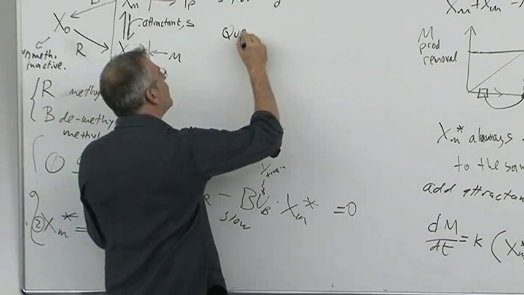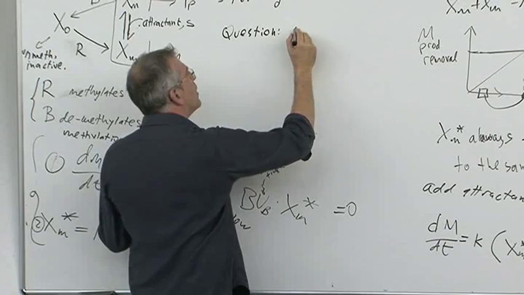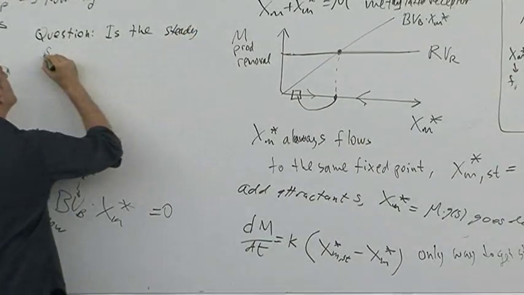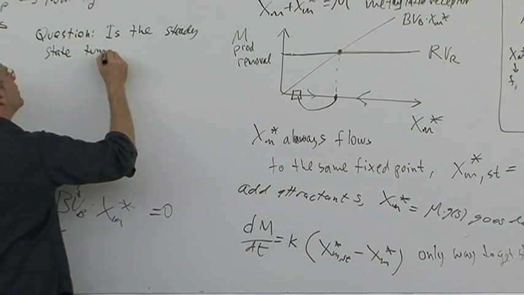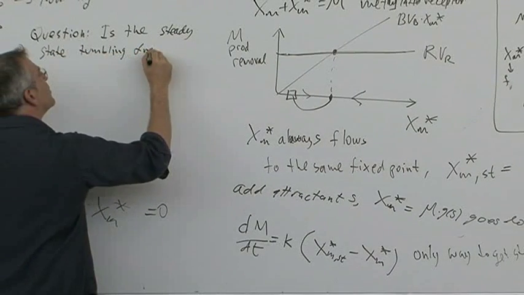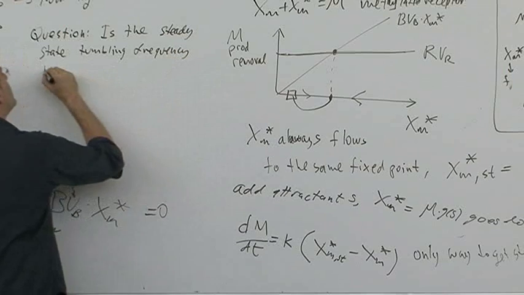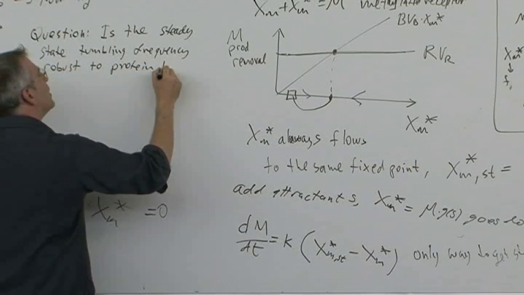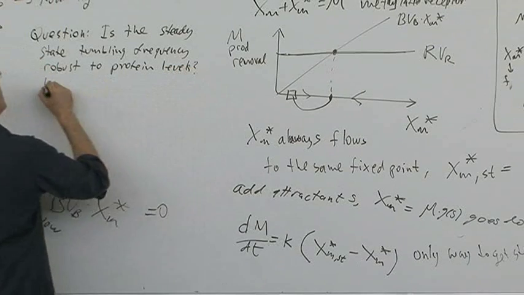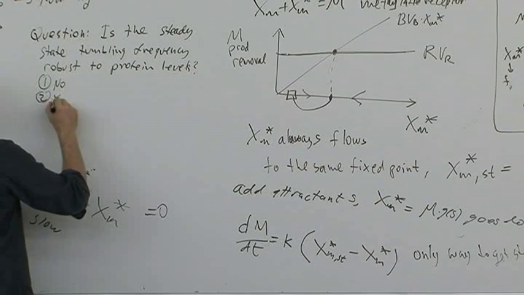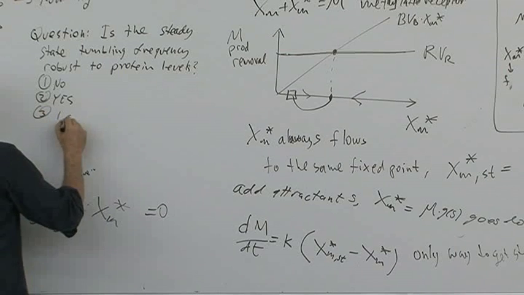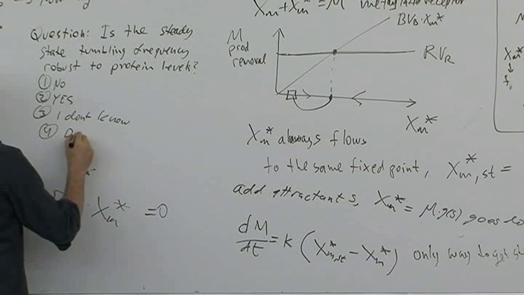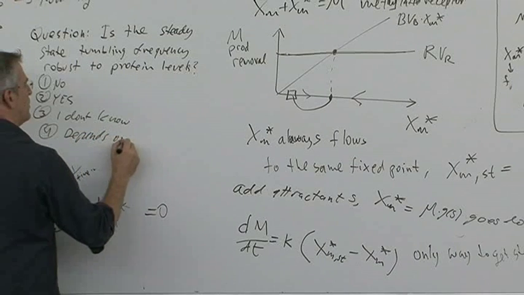Question: is the steady state tumbling frequency robust to protein levels? 1, no. 2, yes. 3, I don't know. 4, depends on parameters.